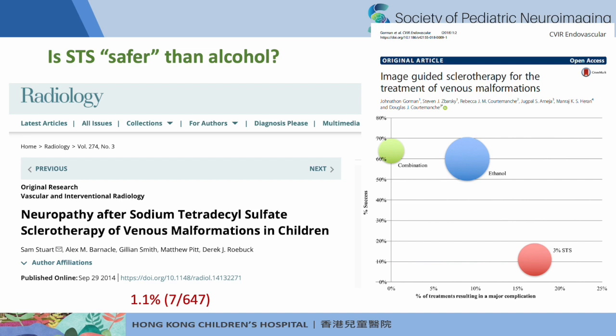It shows that in fact STS has lower efficacy rate but higher risk of complication. So the verdict is still not out as to which sclerosant has superiority over the other. It's important that you're using something that you're familiar with, and you're familiar with the injection speed as well as the side effects.